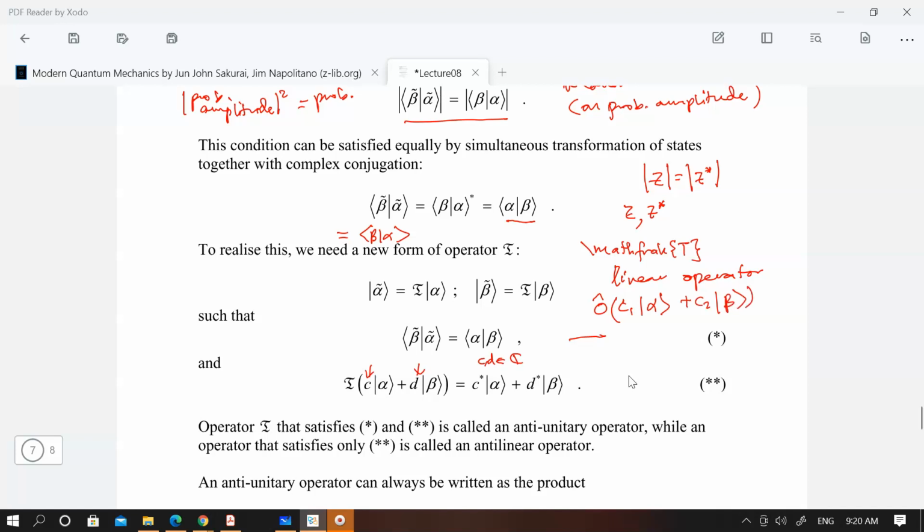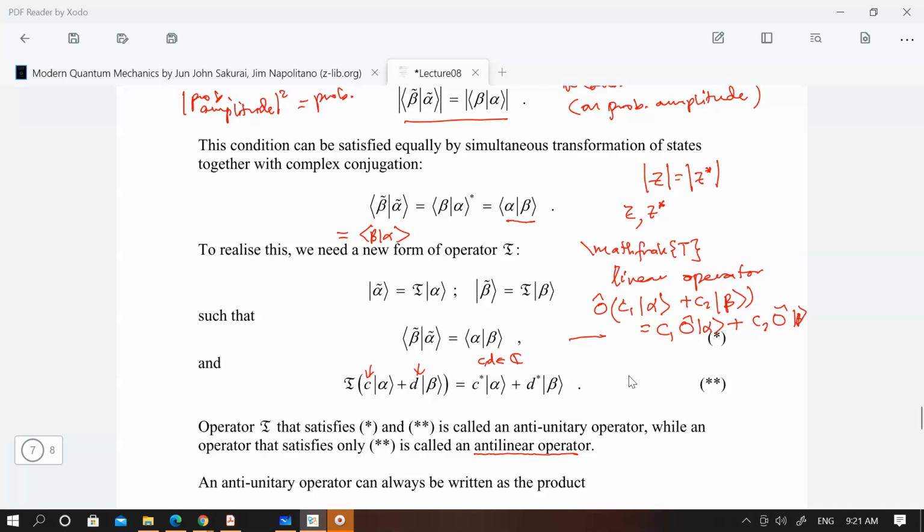So this is a linear superposition, and C1, C2 are complex numbers. Then a linear operator is simply the one that distributes the action of the operator O. Here it's almost the same kind of thing, but instead of being linear, this is the condition of what we call the antilinear operator. So this condition, double star, is actually an antilinear operator.